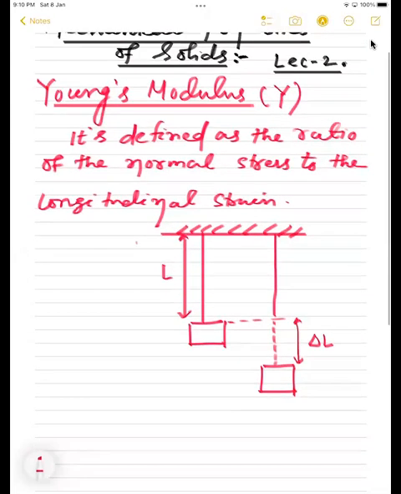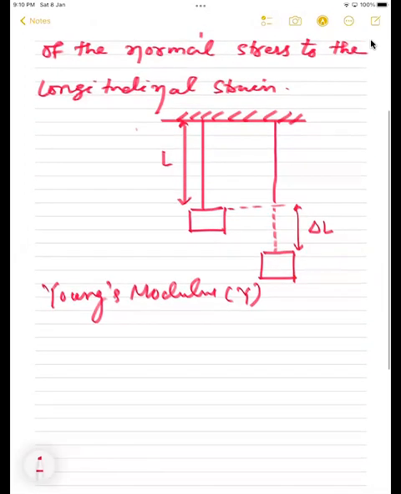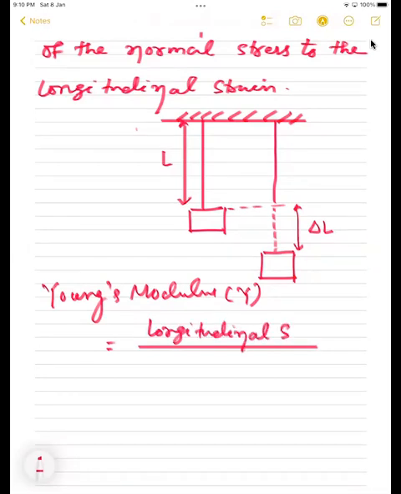Young's modulus Y is equal to longitudinal stress by longitudinal strain, right?